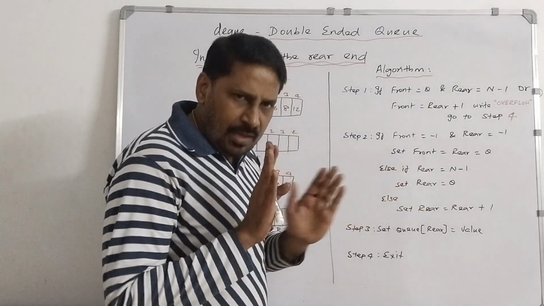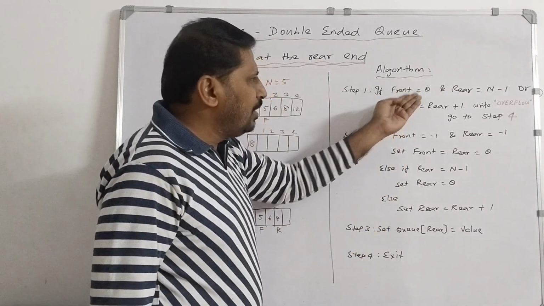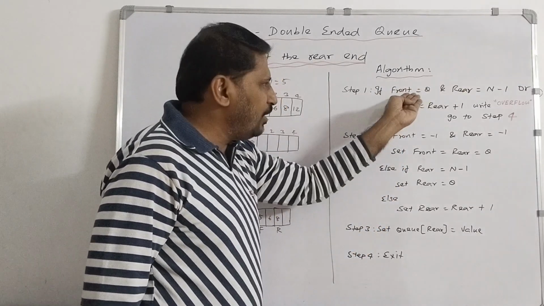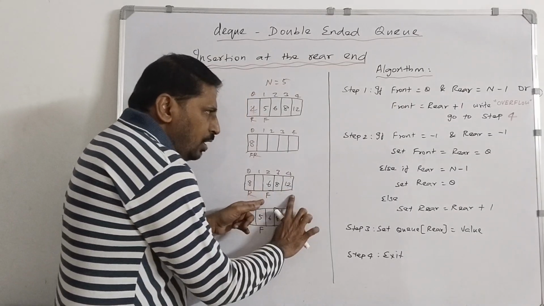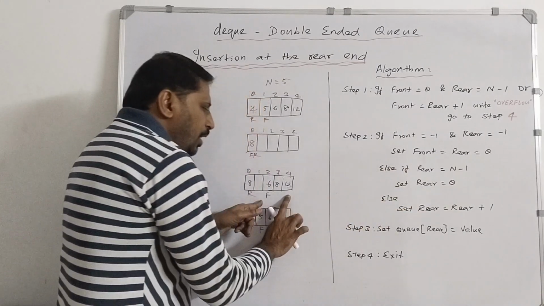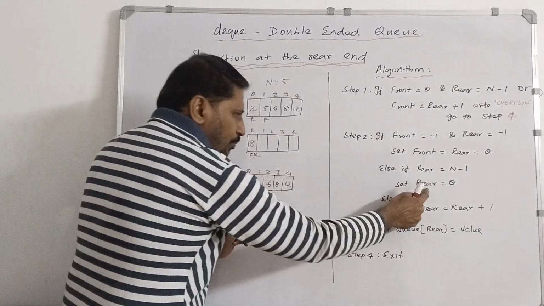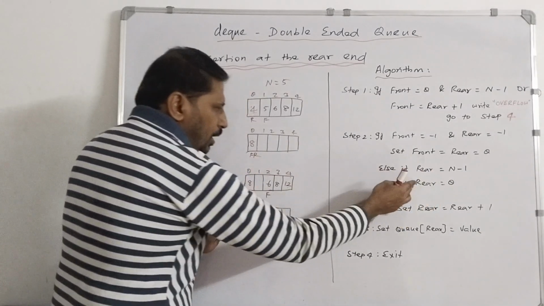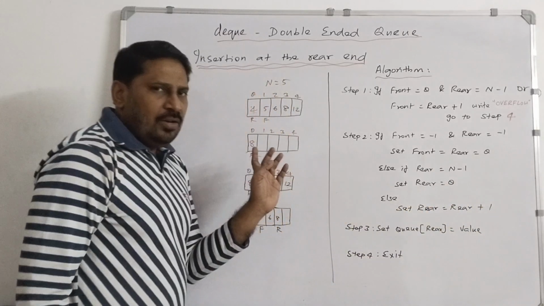Whereas here we are checking only the rear condition. We won't bother about the front, because front is not in the 0th position; front is in the second position and rear is in the n minus 1th position. So I am setting rear equal to 0, and after that I come to step 3, q of rear equal to value.